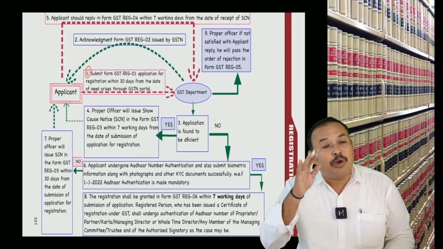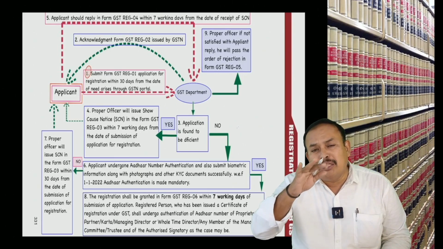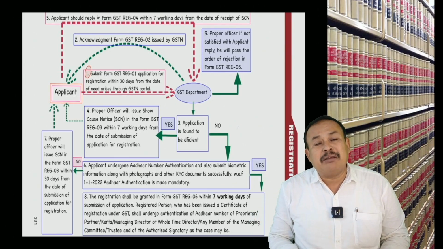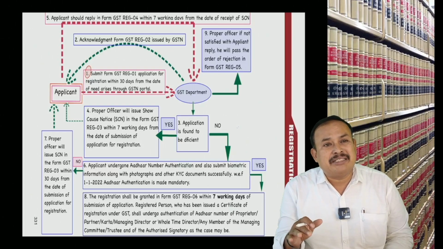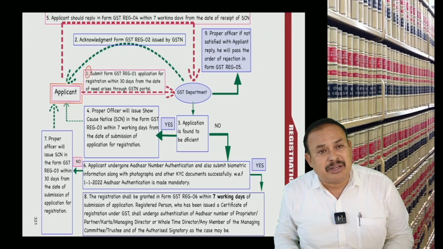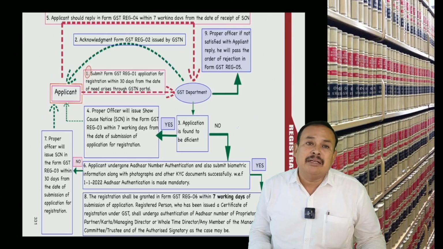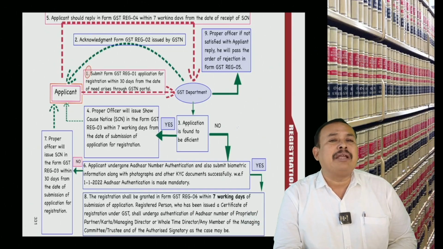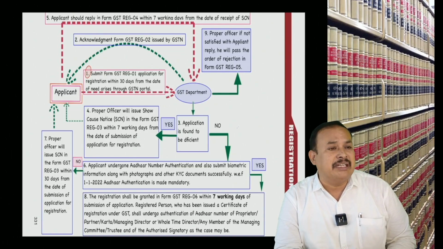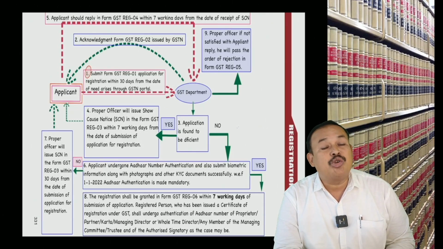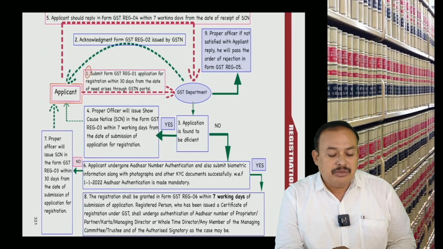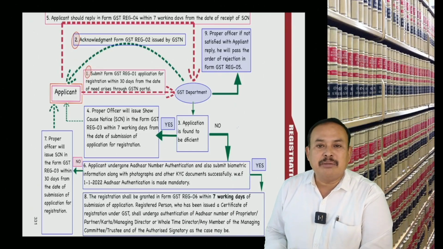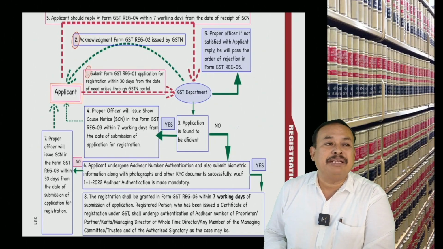Then the network portal goes through your submissions, and if prima facie satisfied that your mobile number matches the income tax mobile number given for your PAN, and your name in the income tax department is the same as given in form GST REG 01, such primary elementary information being satisfied, the system will automatically generate an acknowledgement in form GST REG 02 and issue it to you. Step 2 is what? Acknowledgement in form GST REG 02, as if you submitted the application for registration.